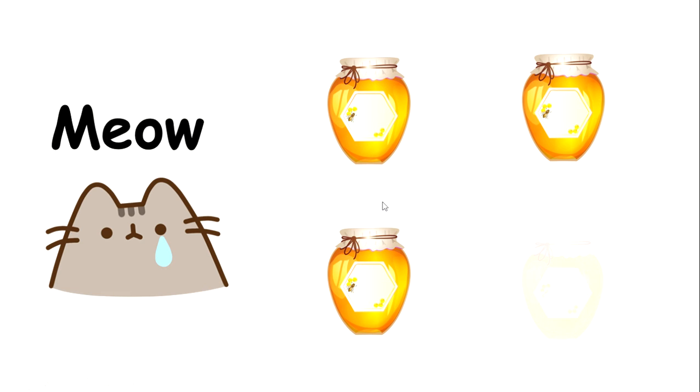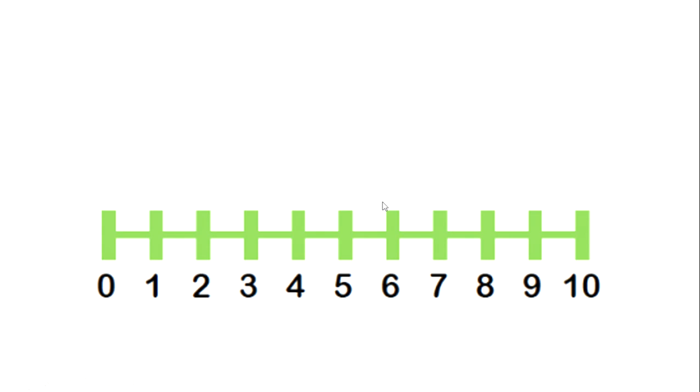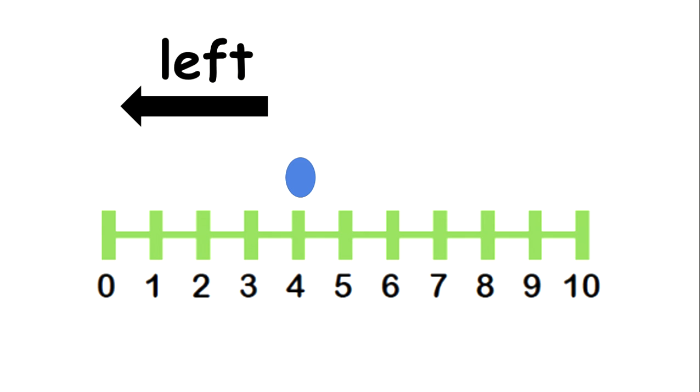Let's look at it on a number line now. So how many jars of honey did Meow have? She had 4 jars of honey. Nice. And if we're going to take away, when we're using our number line, we have to hop backwards. We have to hop to our left, right? That direction is left. So we're going to hop 1 place backwards.